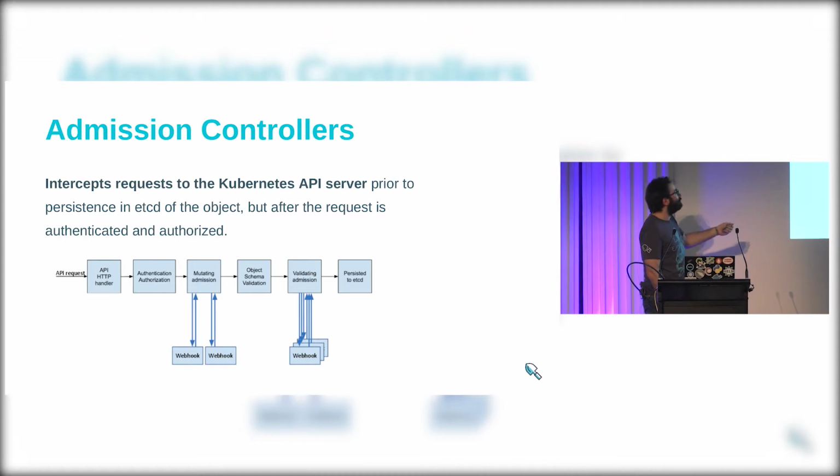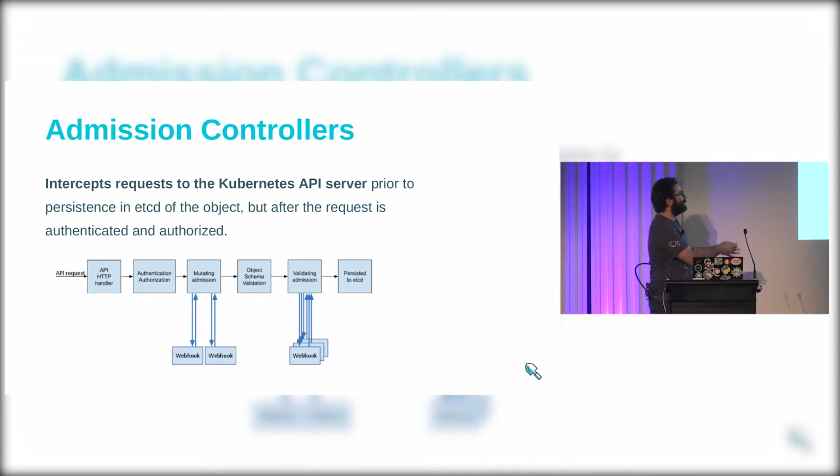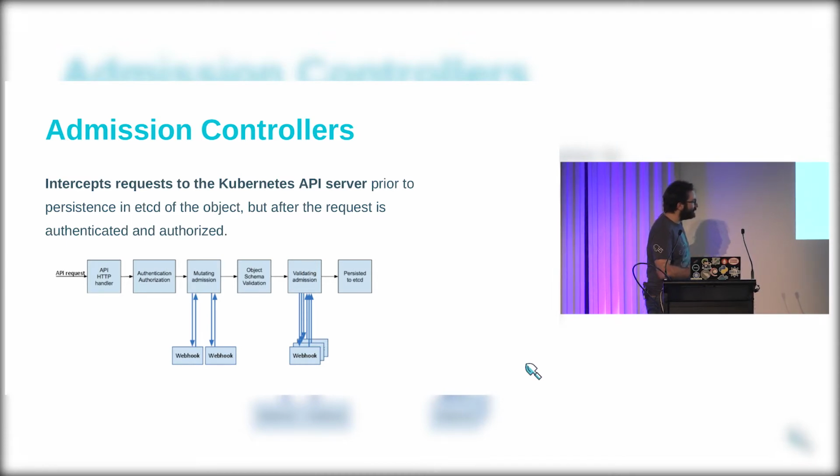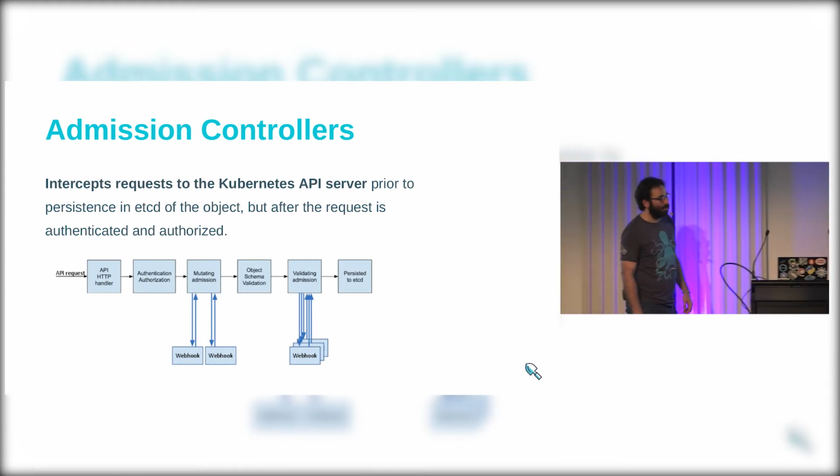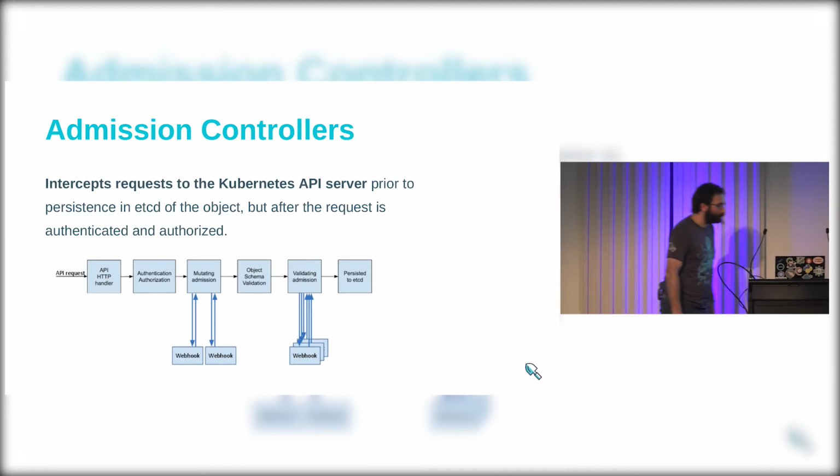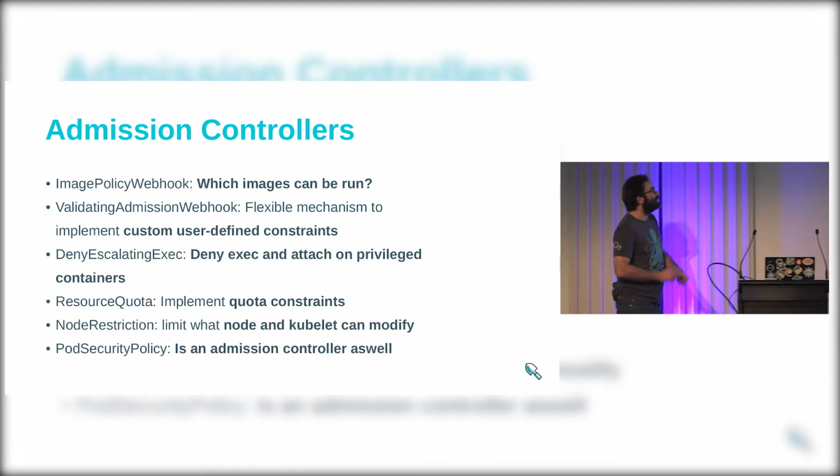This is the internal behavior. We receive an API request, first the authorization, then it tries to mutate, then the validation, and here there are webhooks to control the admission. There are different types.